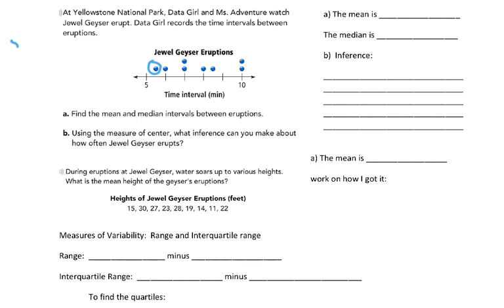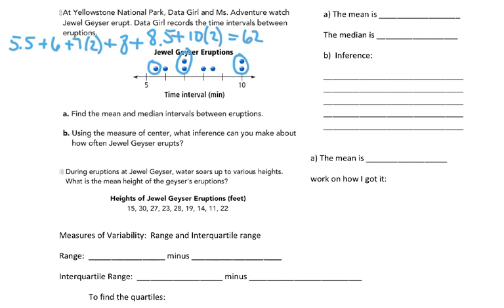So we're going to add 5.5 plus 6 plus, and then here we have 2 7s, so 7 times 2, plus 8, plus 8.5, and then here we have 2 10s, so plus 10 times 2. So we add up all of those. When we do that addition, we get 62.